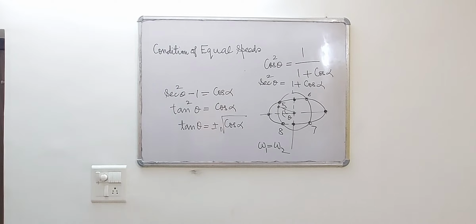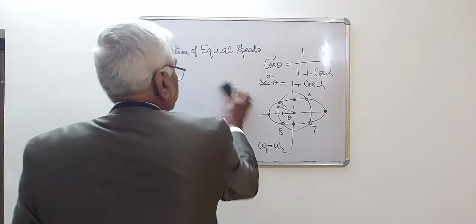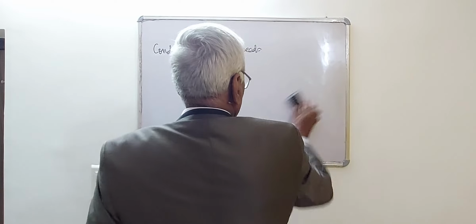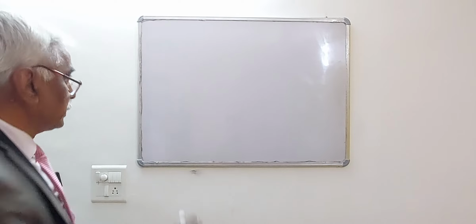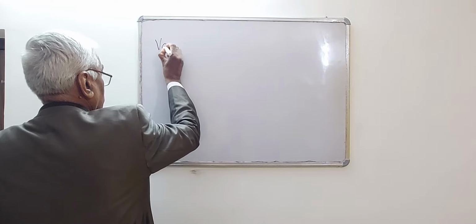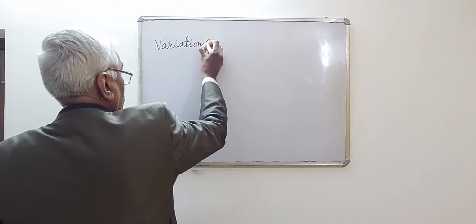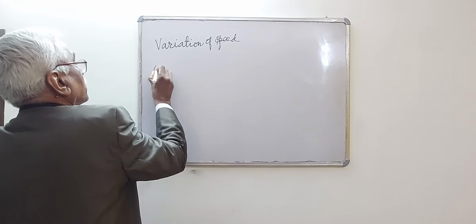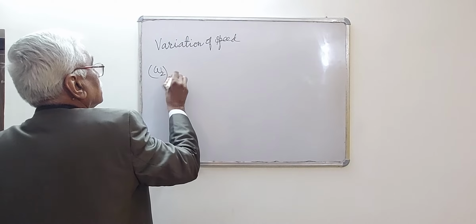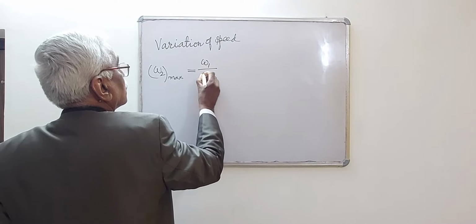Next is maximum variation of speed. Omega 2 maximum is given by omega 1 by cos alpha.